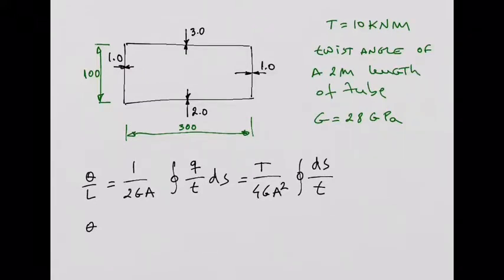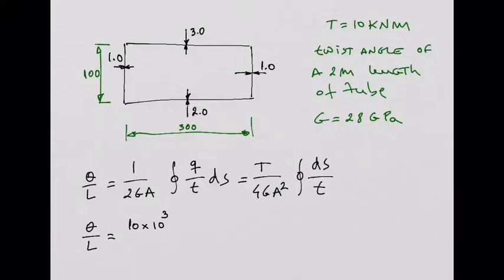So theta over L is going to be equal to the torque, 10 kilonewton meter. We have the option to work in millimeters or in meters. If we work in meters, I'm going to convert the torque from kilonewton to newton.